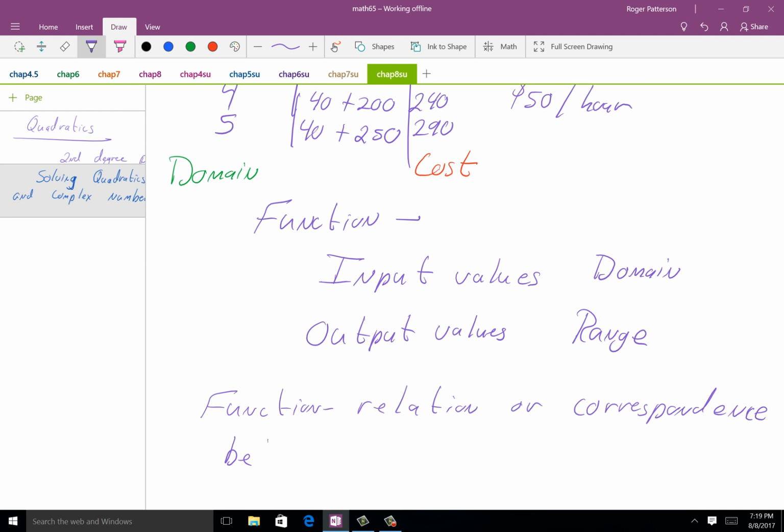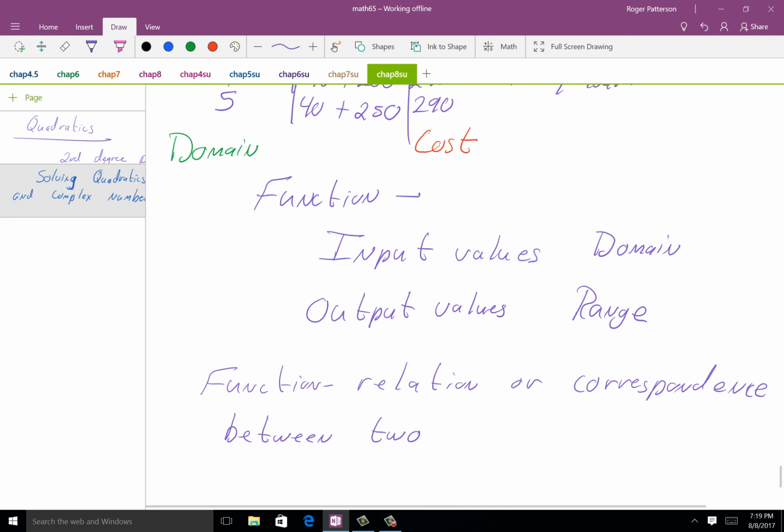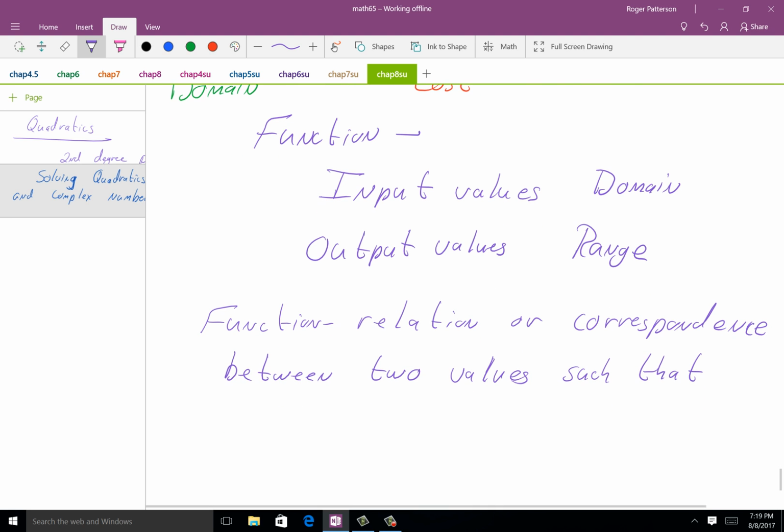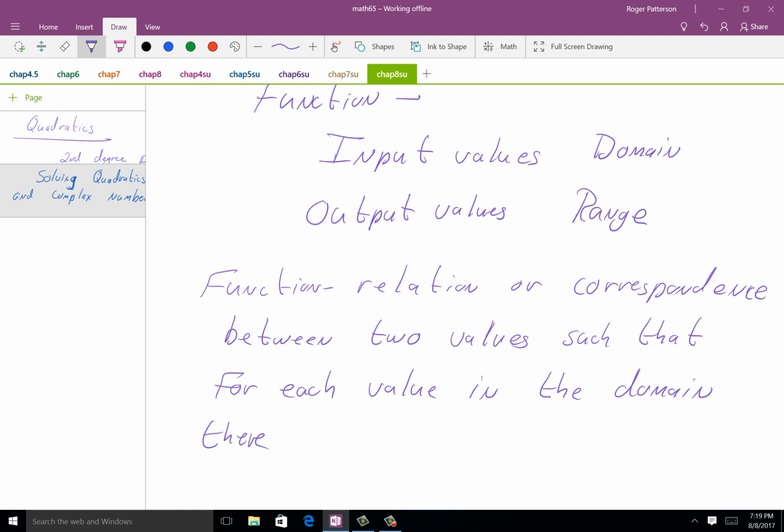Correspondence between two values such that for each value in the domain there is one and only one in the range.